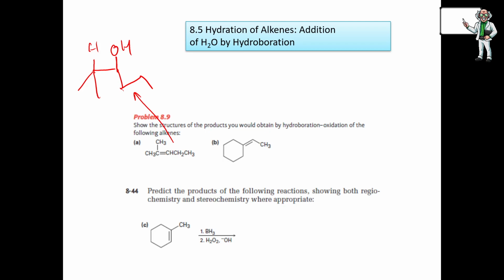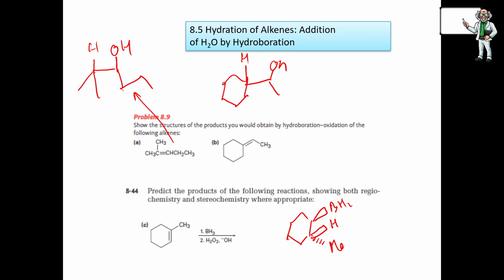Here, we will do exactly the same. We put the hydrogen here, and the boron on the other carbon, and then we transform the boron into a hydroxyl group. In this case, exactly the same. I will draw the intermediate. I put the boron up, and I put the hydrogen up.